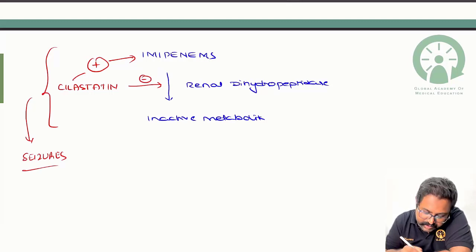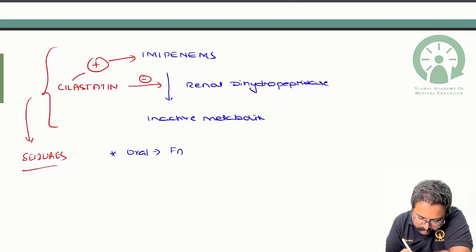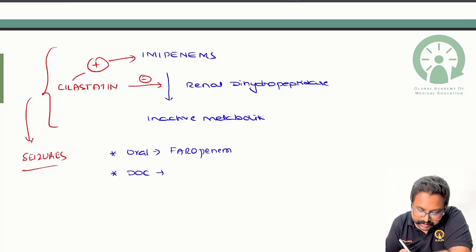Which is the drug given by the oral route here? Faropenem. Carbapenems are the drug of choice in case of extended spectrum beta lactamase producing organisms.